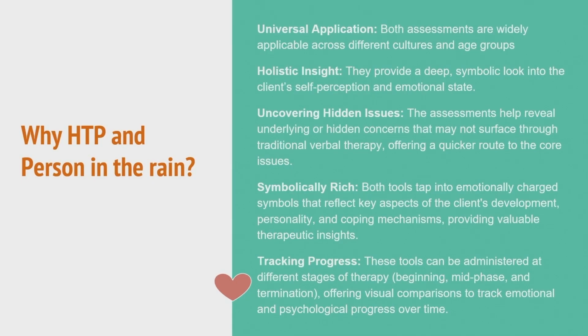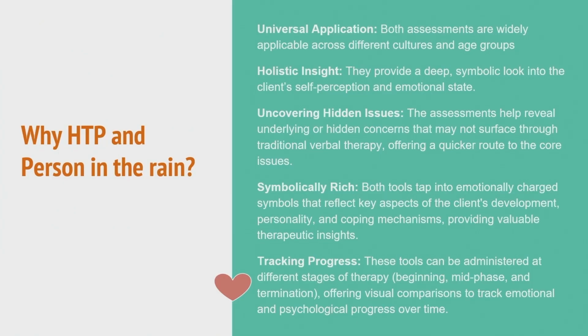And this is the reason why I use these two assessments: because they're universal. I work with international clients who come from so many countries. A house, a tree, and a person are applicable across different cultures and age groups as well.